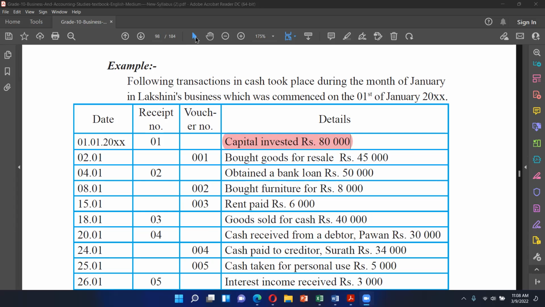Mehansa, what is the double entry for the first transaction, first January? Capital invest 80,000. Capital account debit 80,000 and cash account credit 80,000.